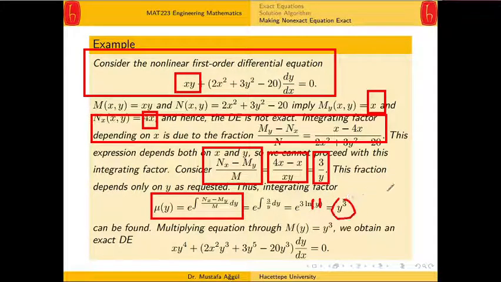We end up with y cubed. So this is our integrating factor.